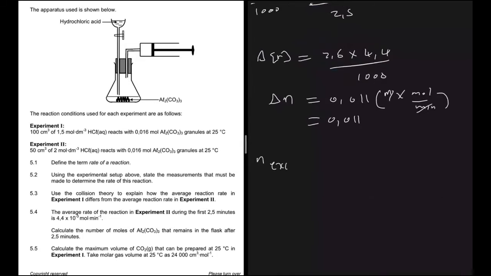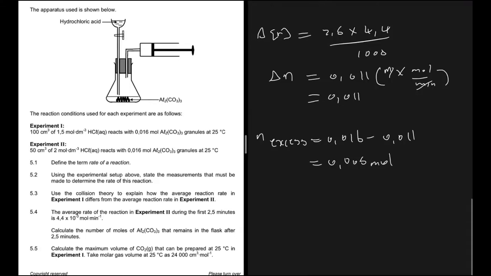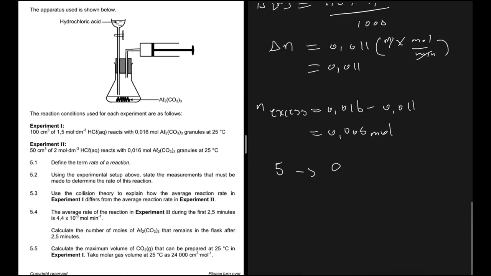Number of moles in excess equals 0.016 minus 0.011, which gives us 0.005 moles in excess, right? I'm going to explain why I'm doing this. Let's say you have 8 apples, and you've eaten 0. After some time you have eaten 2 apples.